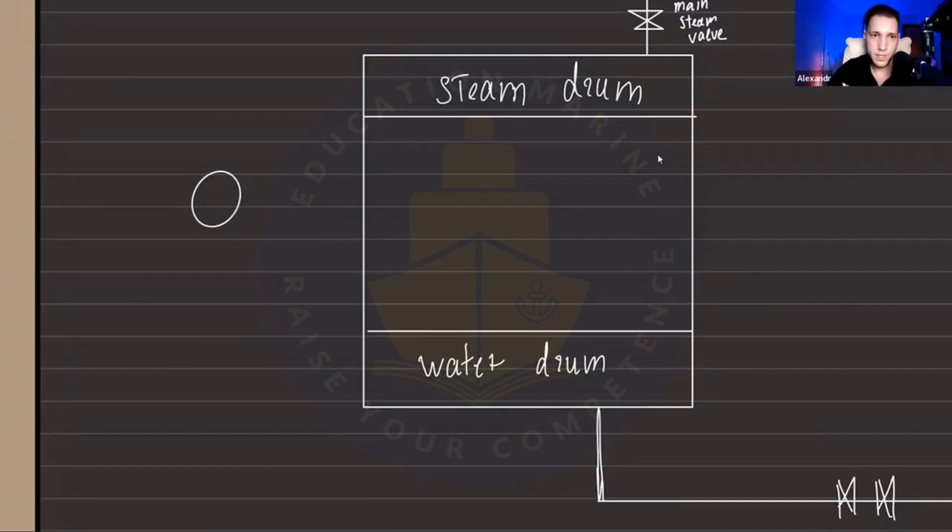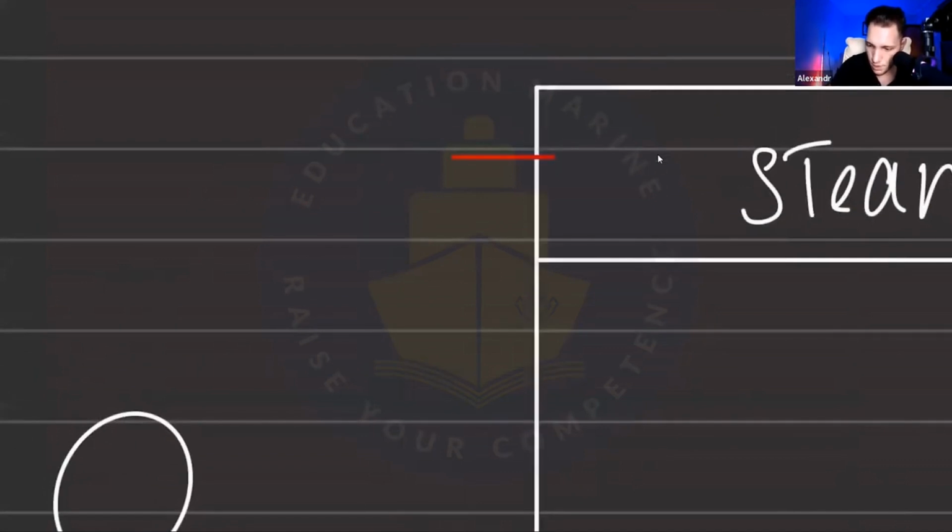It functions as a device which understands the balance between the steam drum and the water drum. I'll explain that in a simple way. Let's imagine that from the steam drum, there's a tube. This tube is connected to a kind of vessel.